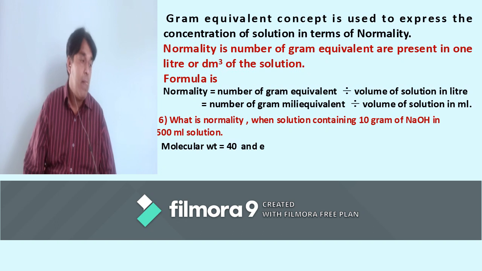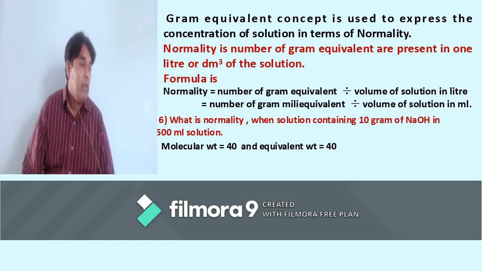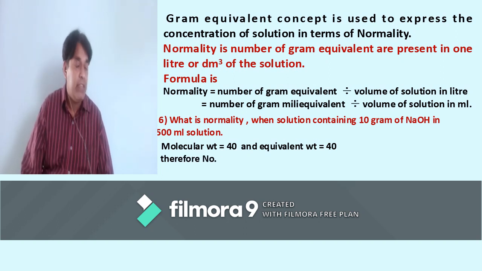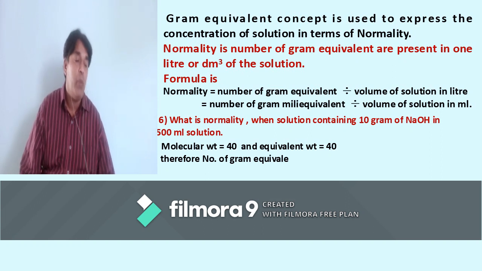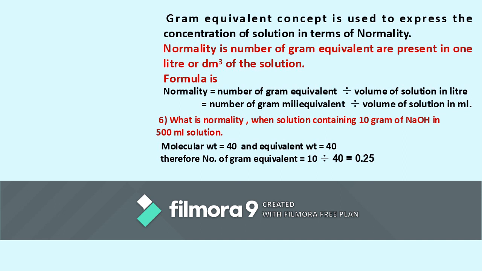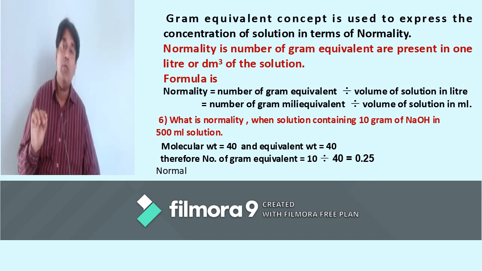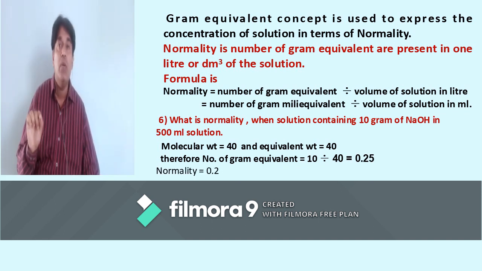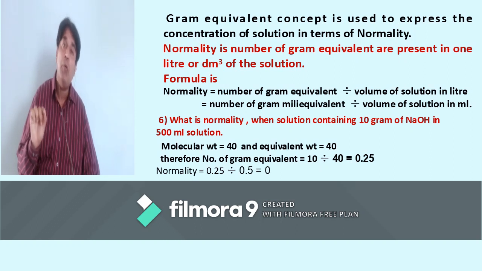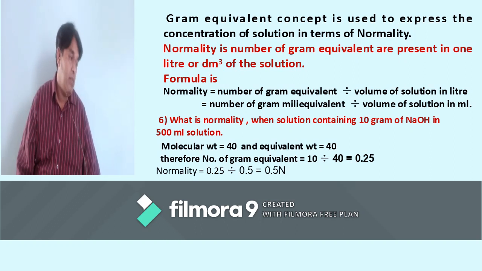But normality, by using the above formula, is the number of gram equivalent upon volume of the solution in liter. Therefore 0.25 upon 0.5 gives 0.5 N. N is the unit of normality. When normality of the solution is 0.5, it is also called a 0.5 normal solution.